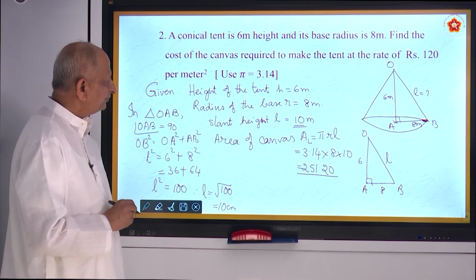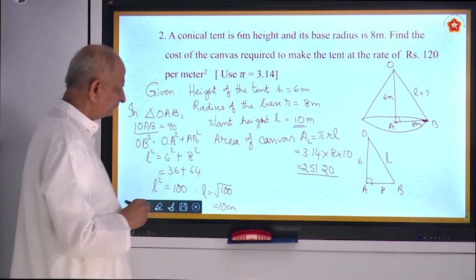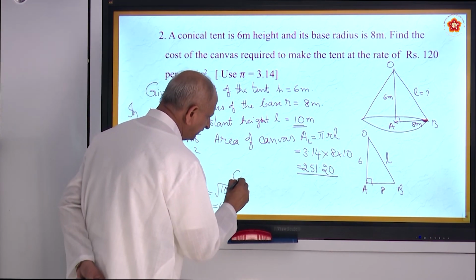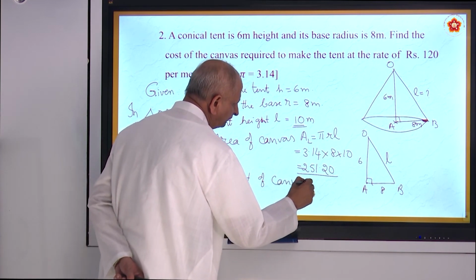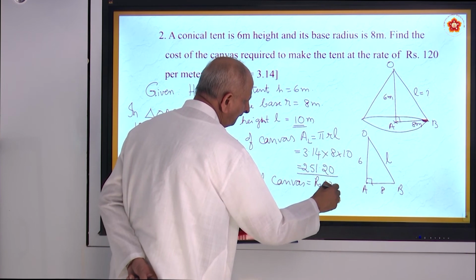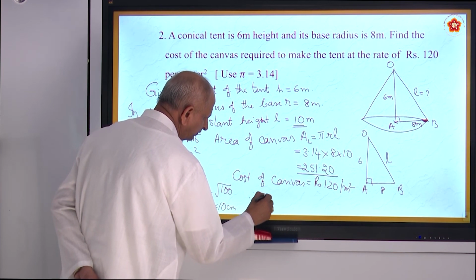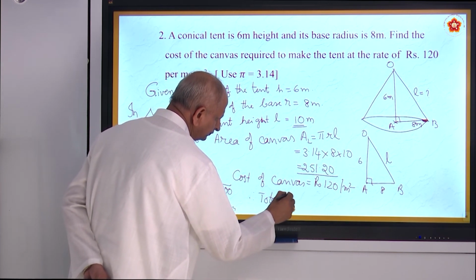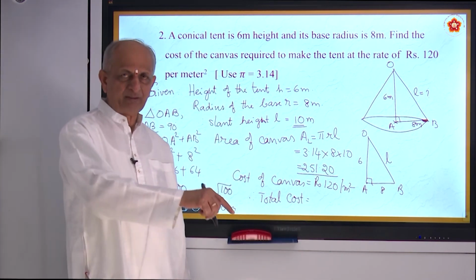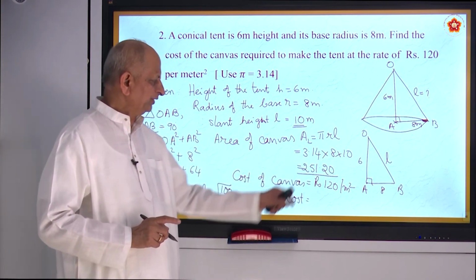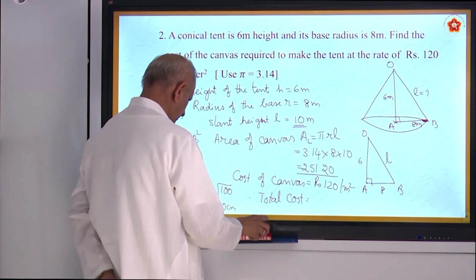That is the area of canvas. Now what is the cost of canvas? Rupees 120 per square meter. So the cost of canvas is rupees 120 per square meter. Therefore, for 1 square meter, that is 1 meter length, 1 meter breadth, the cost is 120 into this. Shall I write it here?